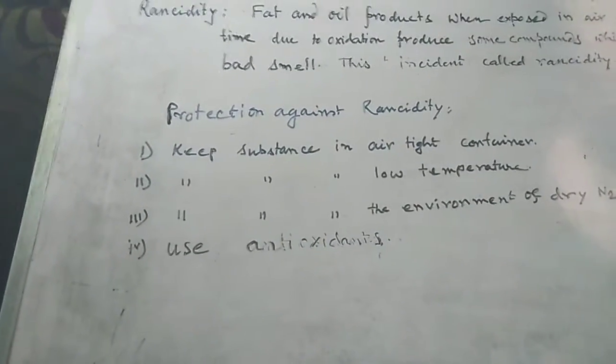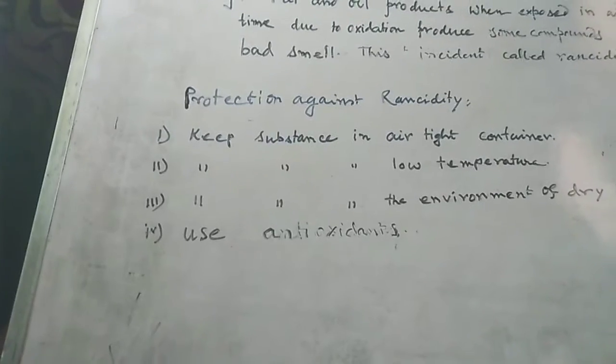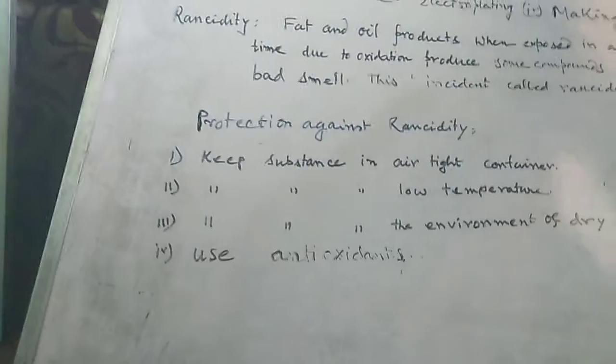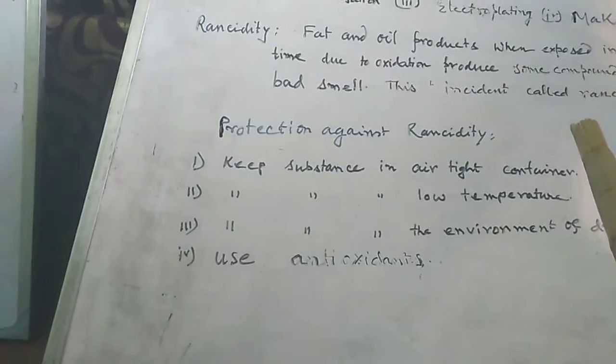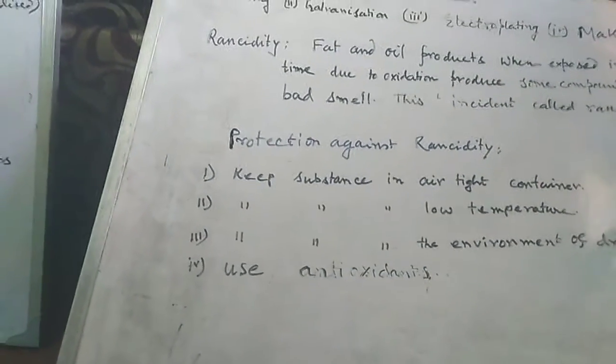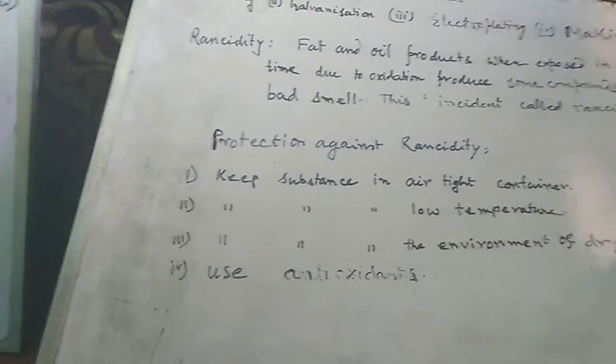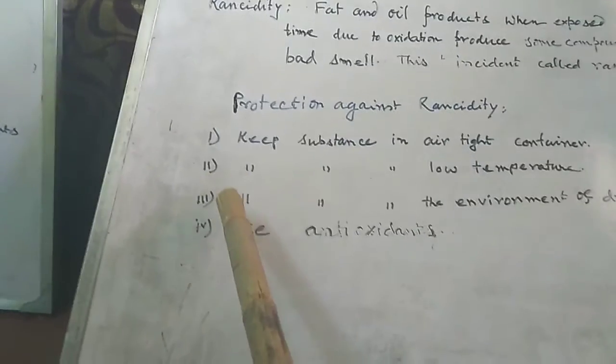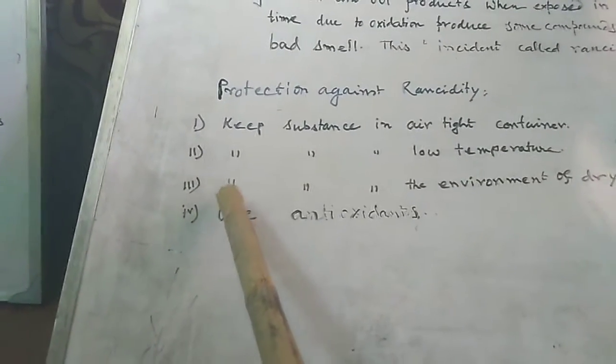That is why chips packets are filled with dry nitrogen gas, as oxygen and moisture are both absent, so there is no chance of rancidity and it can be kept for a long time.